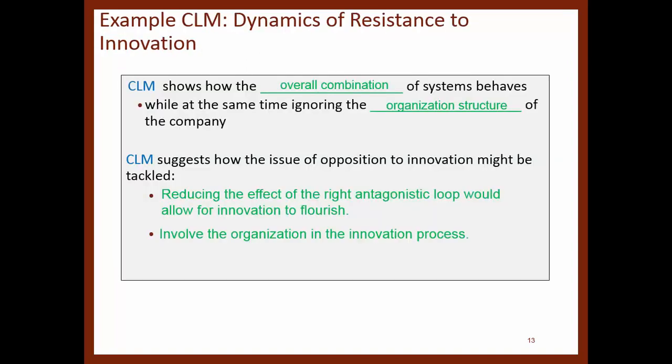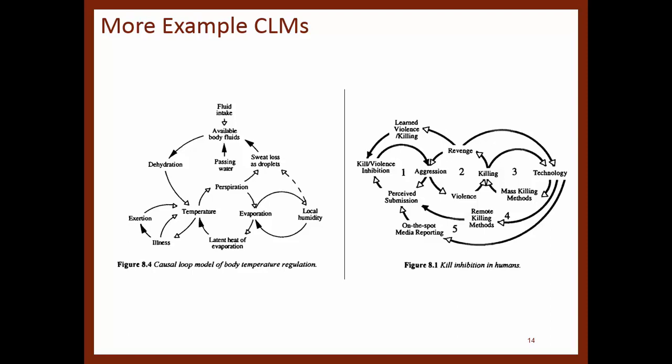Here are more examples. This is a Causal-Loop model for body temperature regulation. So if you're familiar with the signs of that, this Causal-Loop model shows all the variables that are related in that process. And then this is another one.